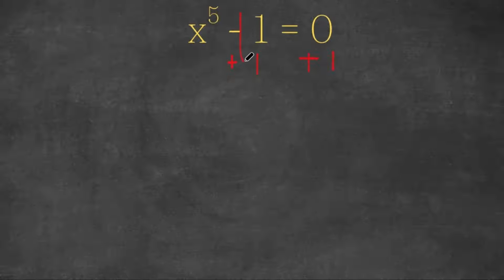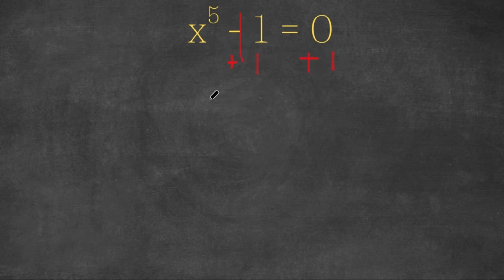So these two would cancel out because negative 1 plus 1 is 0, so this would leave us with x to the power of 5 equals 0 plus 1 is 1. So now that we have this, we want to get rid of this exponent here. We just want to get x by itself because that's our goal, finding the value of x, right?